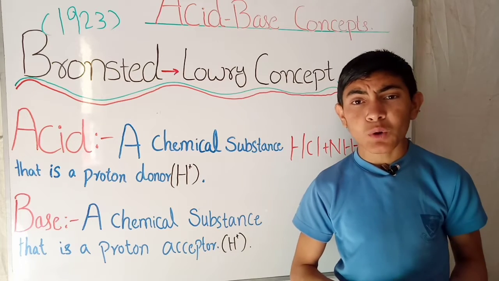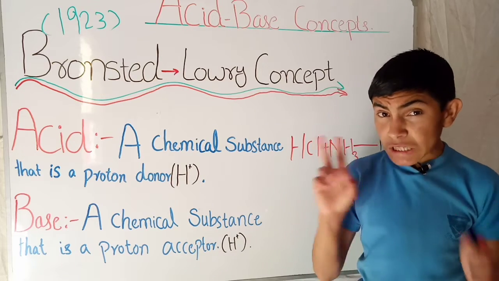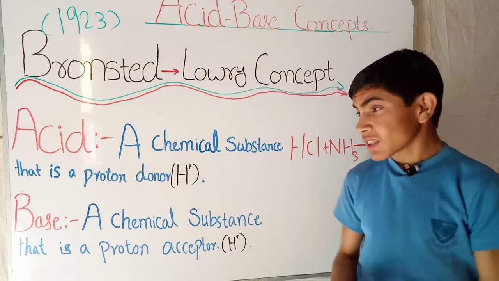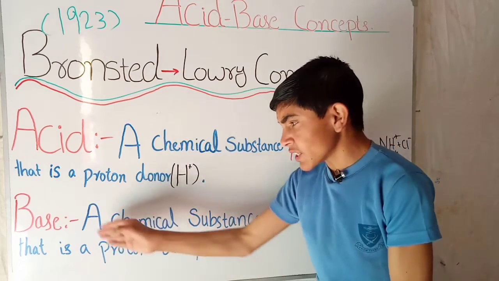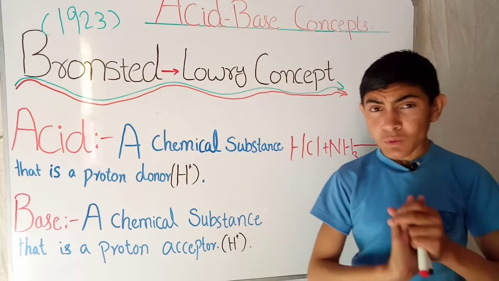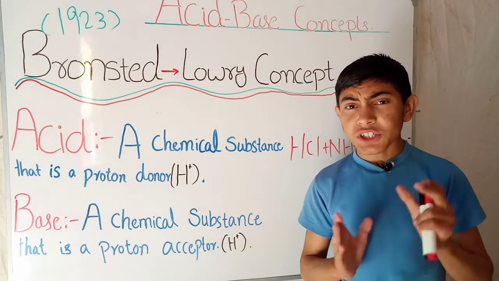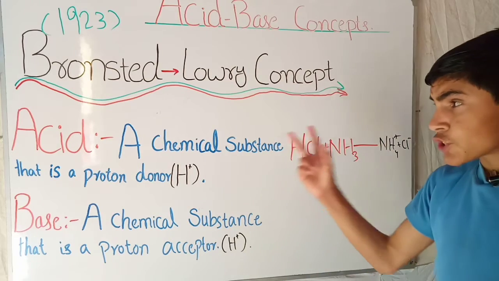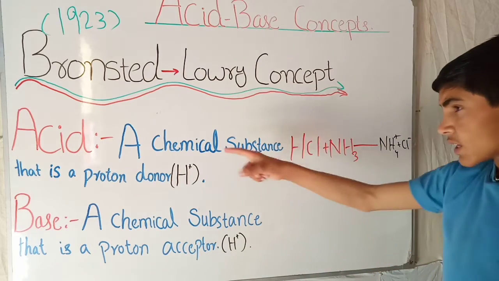Similarly, if we talk about water, H2O, we say that H2O is neutral, neither an acid nor a base. But it can be explained on the principle of Bronsted-Lowry, that H2O can act both as an acid and a base.